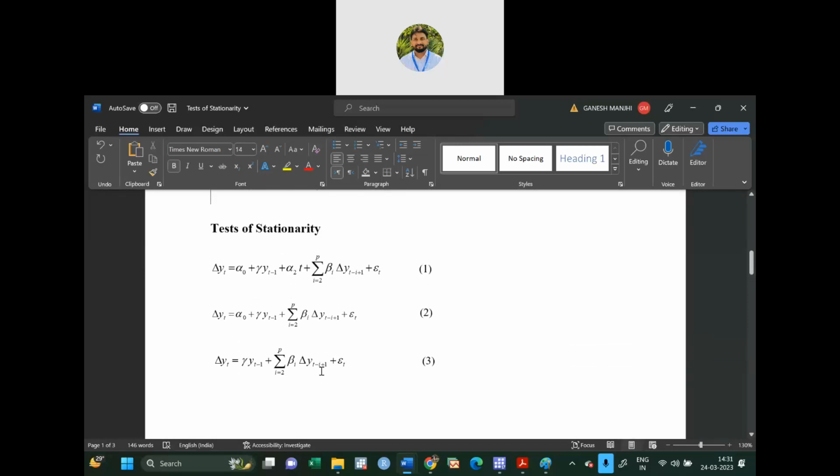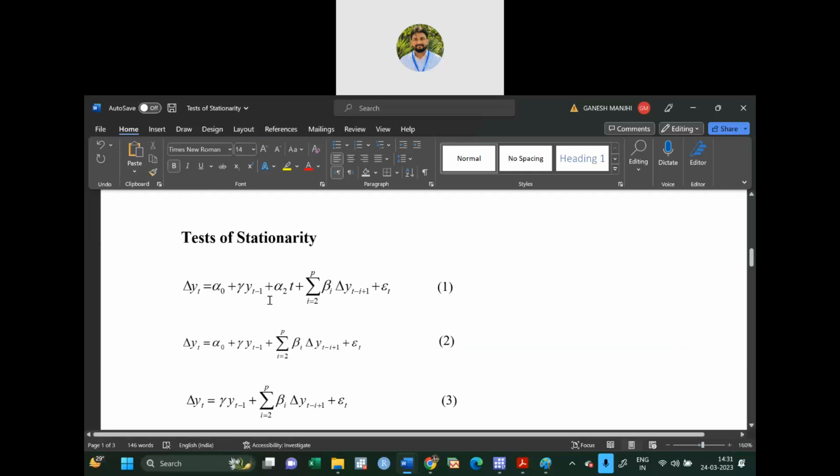Okay, so you see these three equations, right? When you do the Dickey-Fuller, then this summation term is not there. The summation term is actually capturing the lagged differences, right? First difference of the second lag, third lag, fourth lag, and so on.